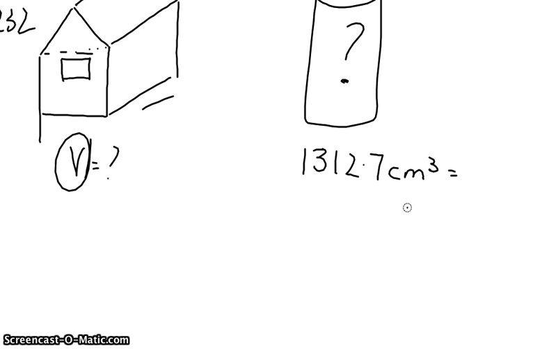What you've got to do is work back. If we're using this formula covered at both ends, we're going to be using 2 times pi times r times h plus 2 pi r squared. Now, you've got to get numbers in here and here and here to equal around 1,313.